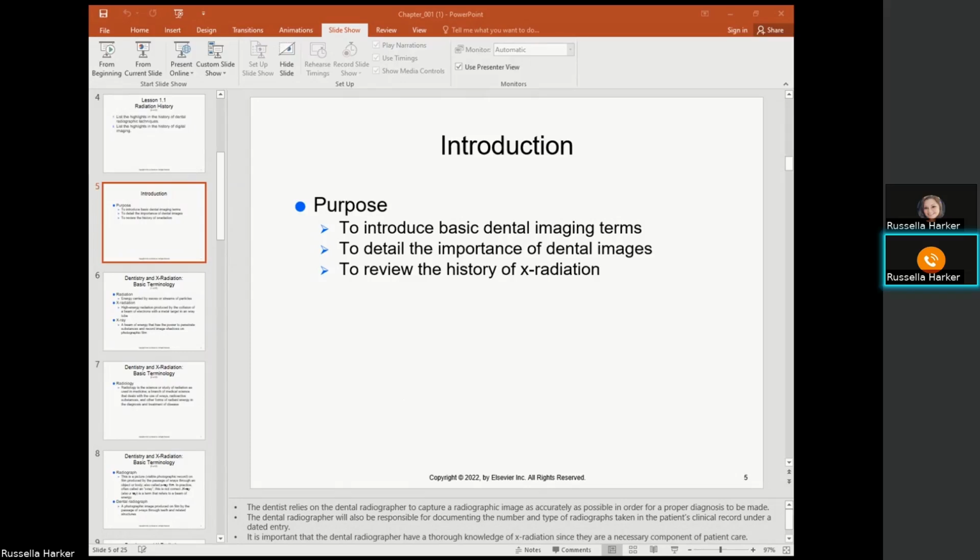When you become certified in radiography, it's going to be a dental radiographer certification, so you will only be able to take X-rays of the teeth and the surrounding structures. A dental radiographer is any person who positions, exposes, and processes dental X-ray film.